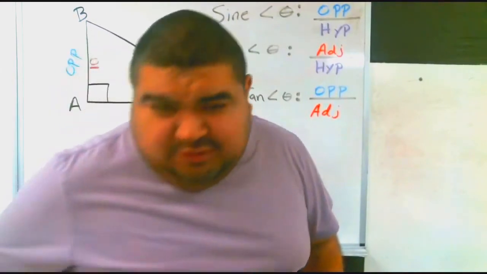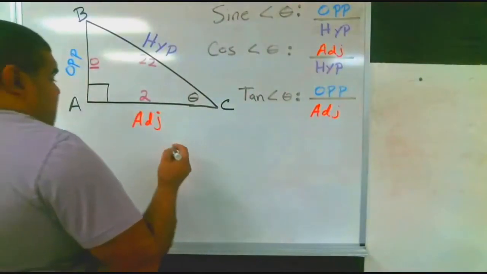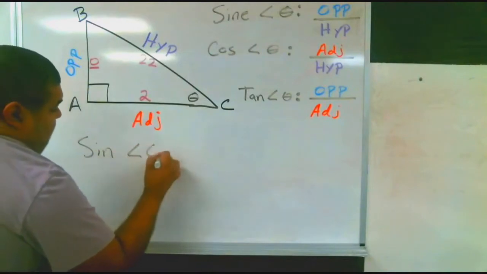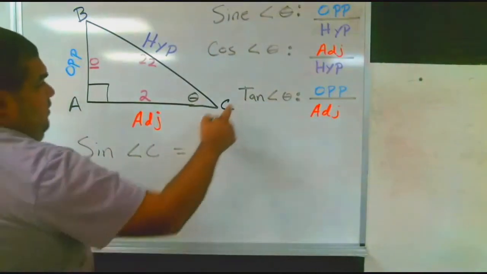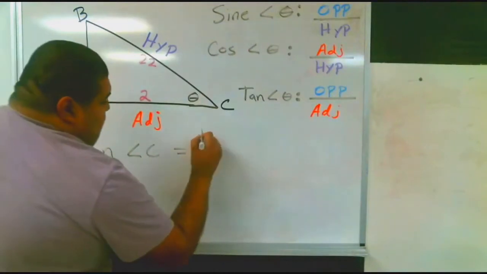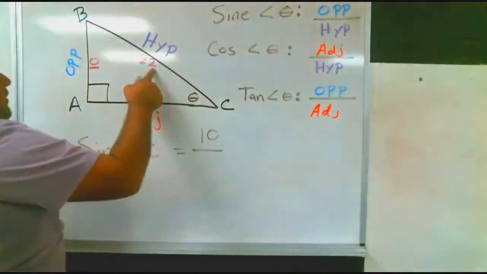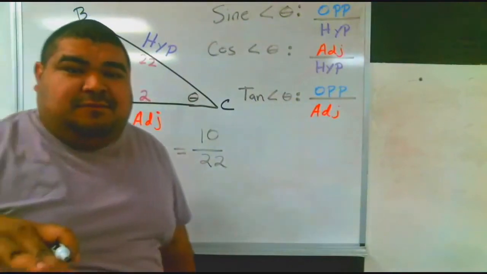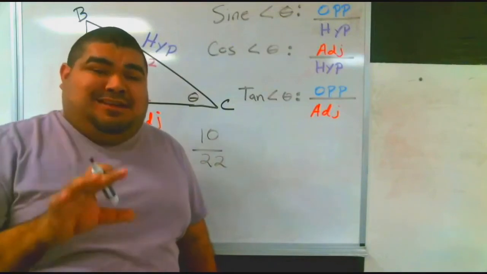So for the first one, if I wanted to find sine of theta, we will say sine of angle C, because that's where theta is, equals opposite, which is 10, over our hypotenuse, which is 22. And that's it. We're not going to solve it. That's all I want for now, just to get you in that habit of plugging it in.